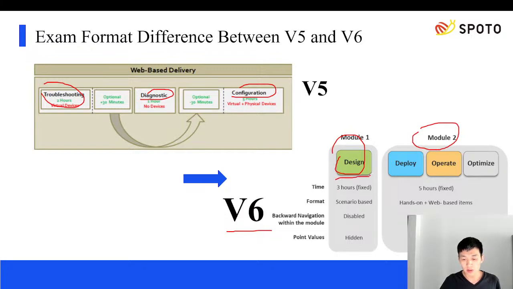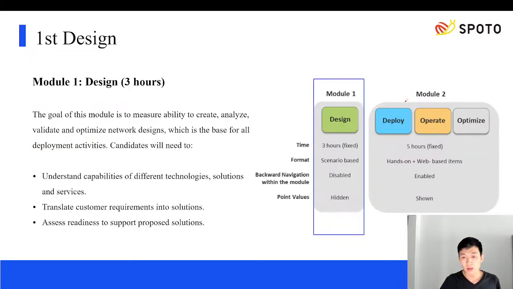The first one is called design, and the second one we simply name DOO, which means deploy, operate, and optimize. Design is very similar to the written exam, with 32 questions. There will be scenarios provided in email conversations between a Cisco engineer and a customer on the exam.